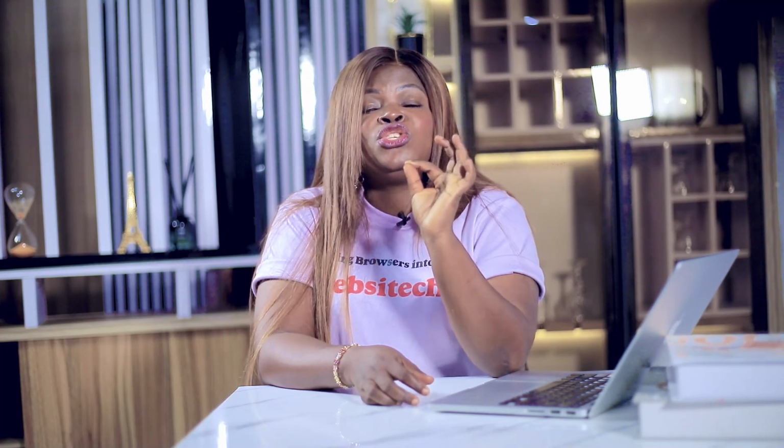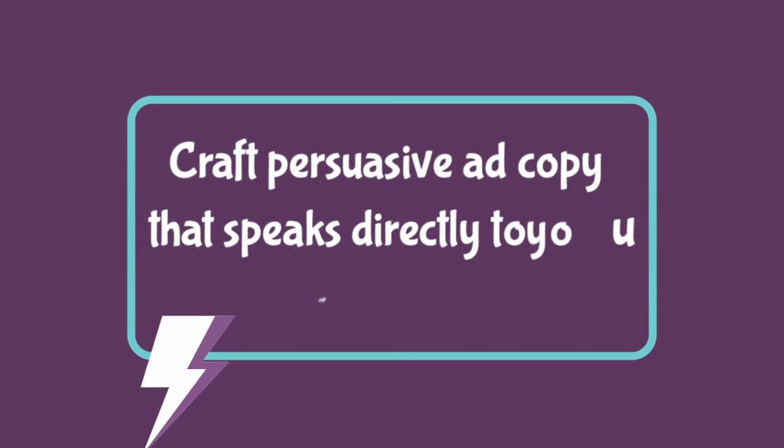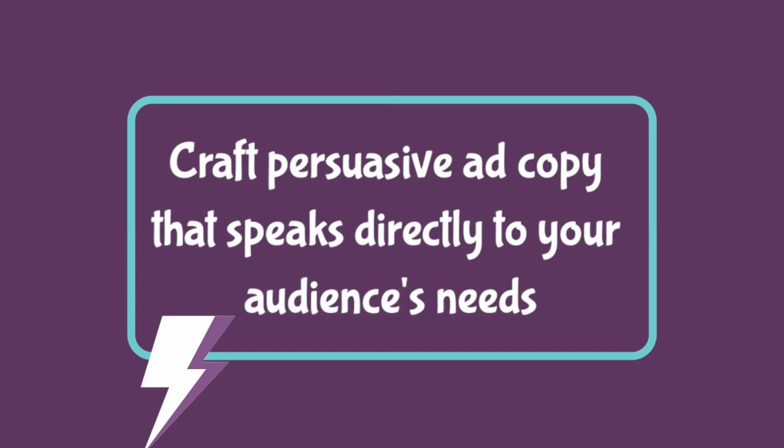Don't forget that your brand identity is very important. Don't use a different identity on different social media platforms, for example. Ensure that your brand has a uniform identity on all platforms where you are represented. Craft persuasive ad copies that speak directly to your audience's needs. This is very important for direct connection.